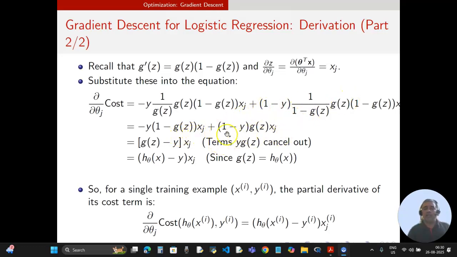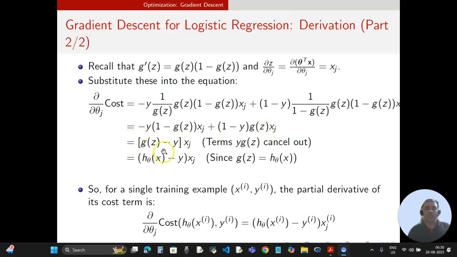Similarly, if you simplify the second term, you are going to get 1 minus y into g of z into xj, because 1 minus g of z and 1 minus g of z will cancel out. Here you get minus y into g of z into xj, so these two will cancel out.